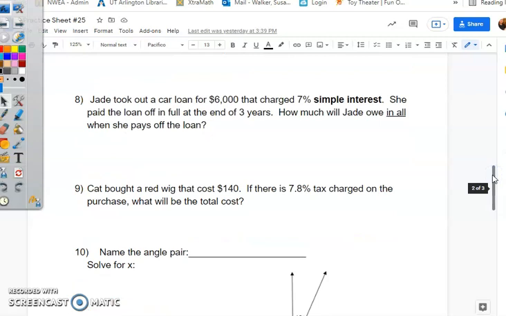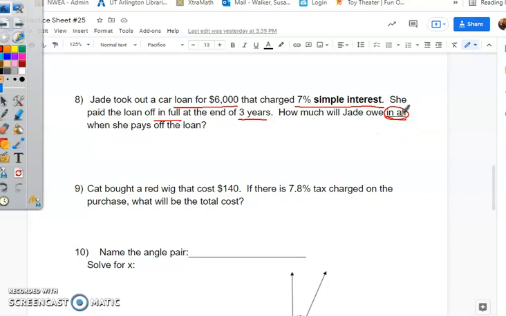Number 8. Jade took out a car loan for $6,000 that charged 7% simple interest. So she paid off the loan in full at the end of 3 years. How much will Jade owe in all when she pays off the loan?